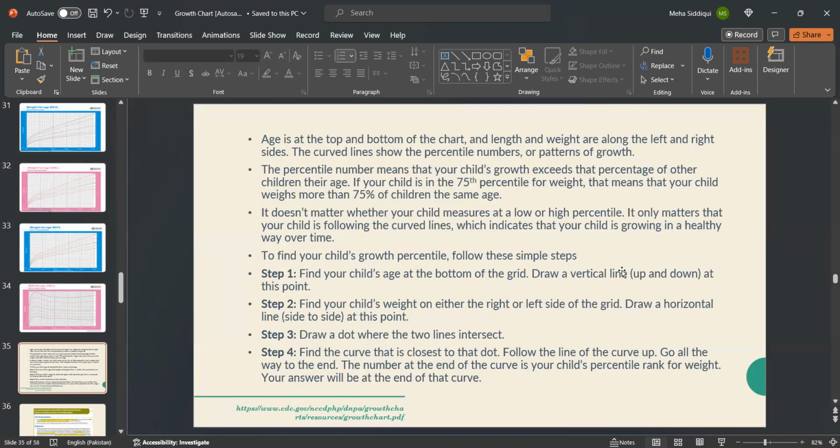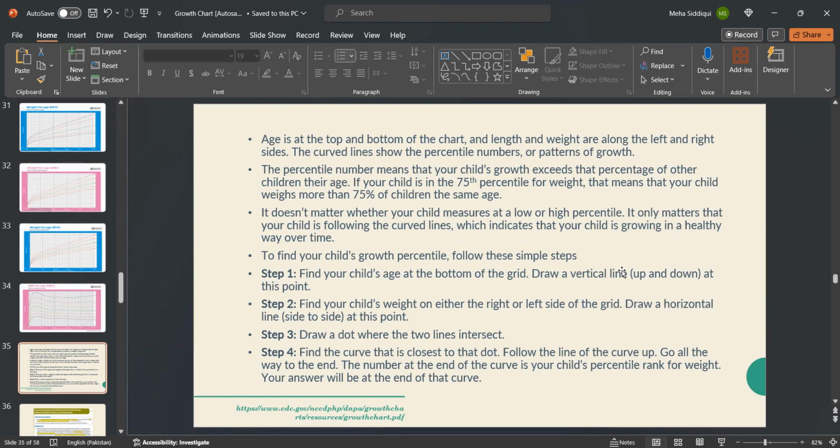So again, it is the procedure of how we determine the parameter on the growth chart. Age is at the top and bottom of the chart, and length and weight are along the left and right side of the chart. The curved lines show the percentile numbers or patterns of growth. As we have already done, the percentile number means that the child's growth exceeds that percentage of other children of their age.